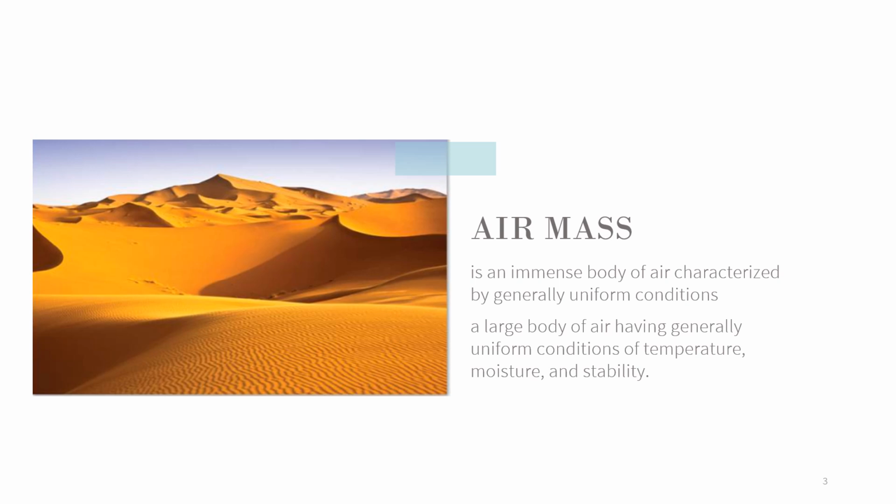As what you can see in this image, this picture is showing the North Africa Sahara Desert, and I'm sure this is a very famous desert. So the air masses that form over land areas in the subtropics are hot and dry. So that is about the air mass.